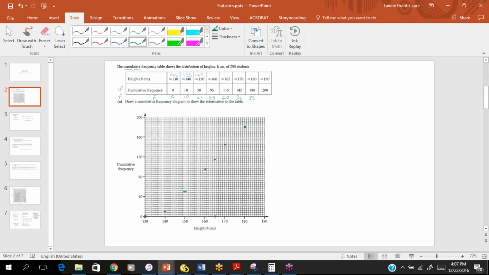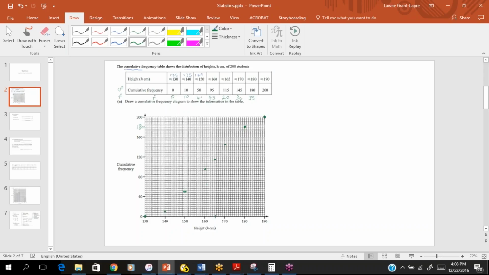So there is the line for 180, and that should go across to halfway between 160, 4, 8, 12, 16, 180 there. I'll just write 180. And finally 190, we have 200 students, and there we go, the very last point.